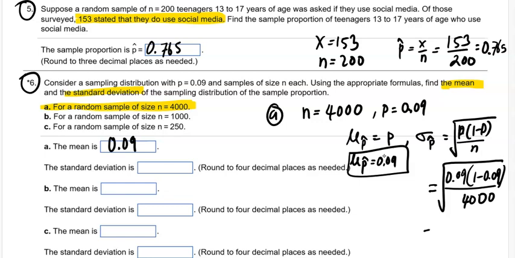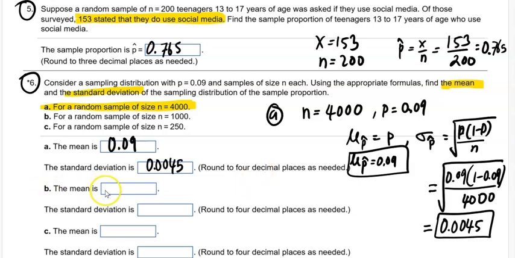I suggest you put everything in the calculator at once and round your answer to 4 decimal places. This is going to be 0.0045. That's the standard deviation of the sampling distribution of the sample proportion.